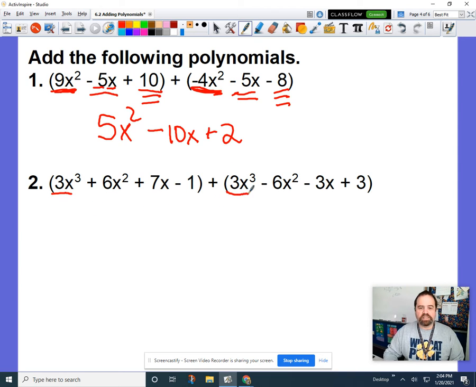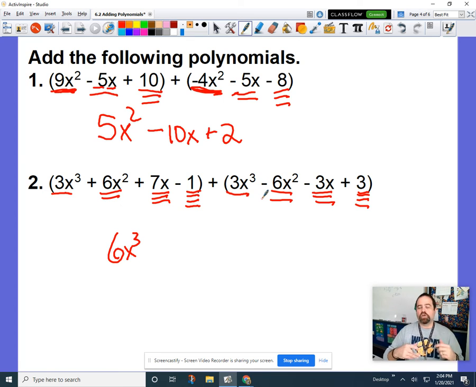As silly as it might sound, take a second, it's worth the time so you know what you're adding together. Okay, so 3x cubed plus 3x cubed is 6x cubed. 6x squared plus negative 6x squared, that's 0, so there's no x squared term.